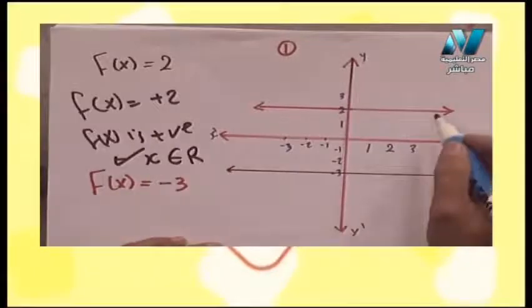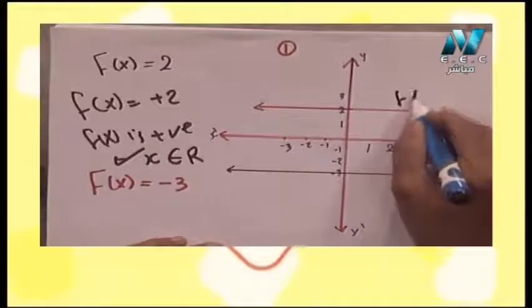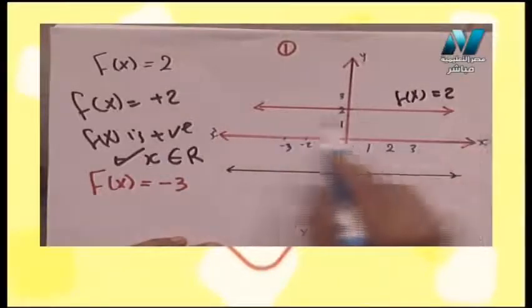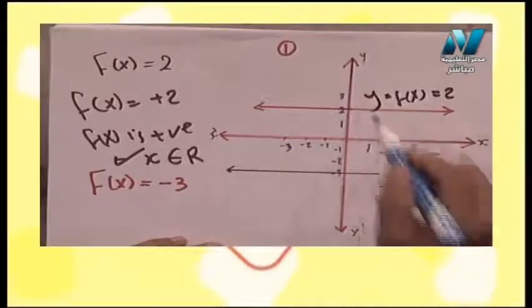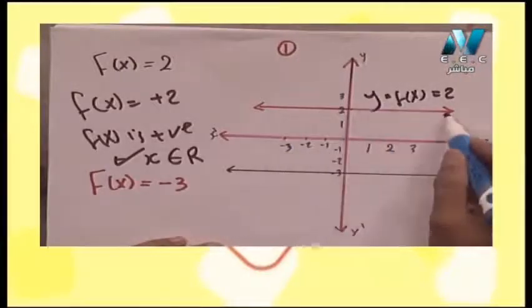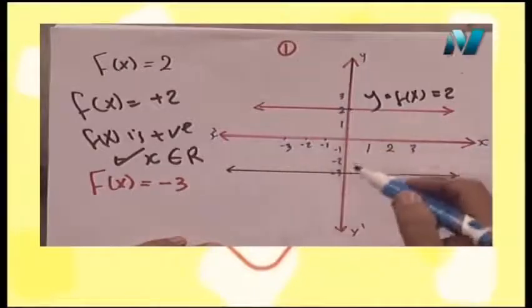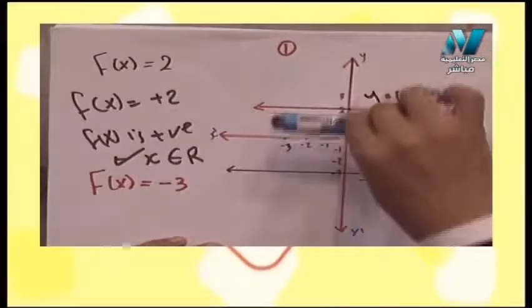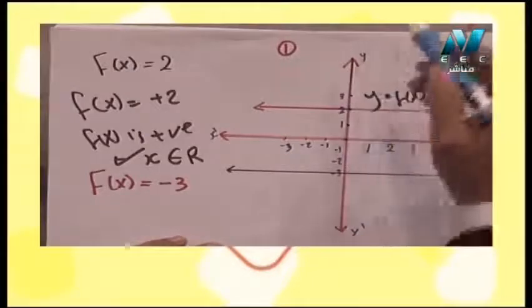When we see this graph, this is the function f of x equals 2 because it passes through here. The function is also called y. So y equals 2, and 2 is positive. y is positive because y here goes 0, 1, 2, 3, and so on.